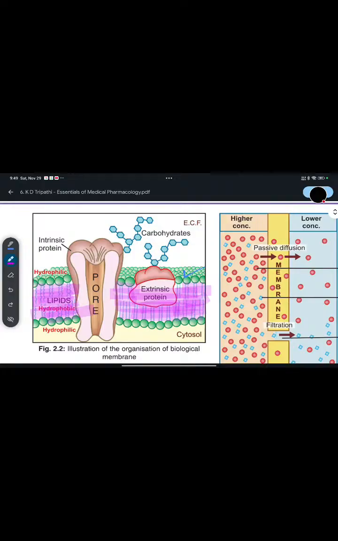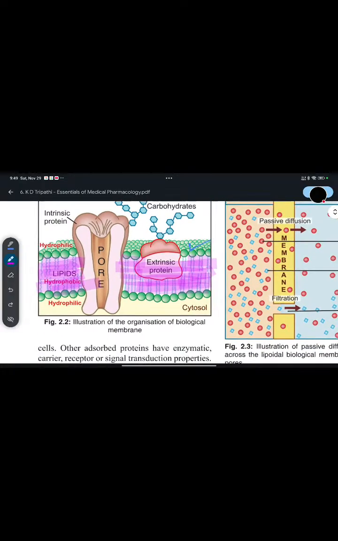Yes or no? See, this is the intrinsic protein. They are also called integral proteins. They are present throughout the cell membrane, outside and inside, across. And extrinsic protein is present only on the outside of the membrane.